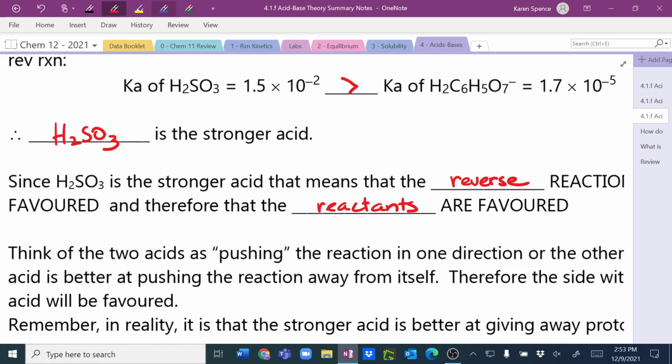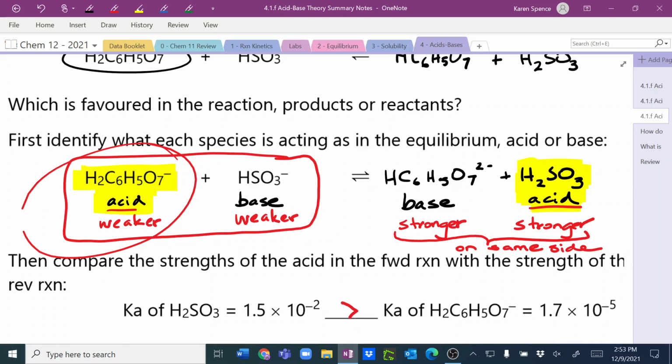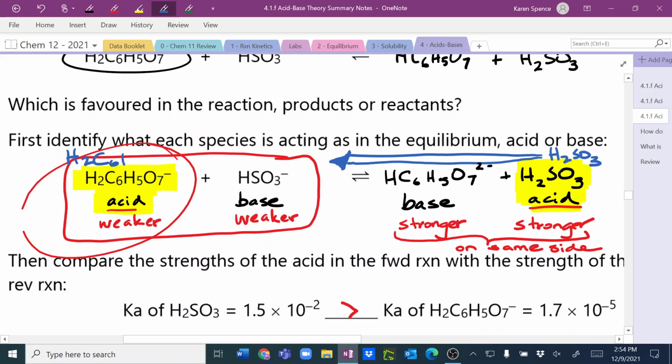If neither of those methods of thinking about it work for you, you can also think of it as a pushing war, where one acid is pushing this way, H2SO3 is pushing that way, and our H2C6H5O7 is pushing that way, but it's not as strong.